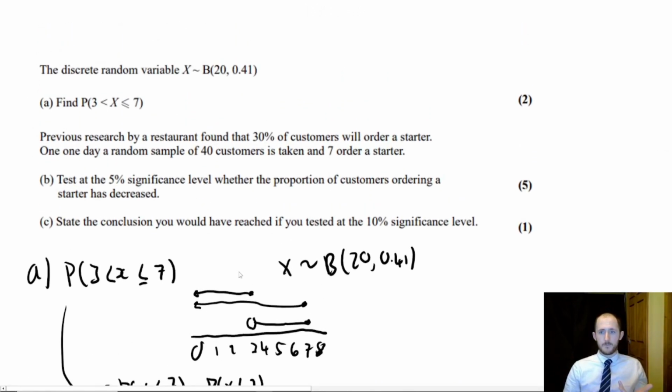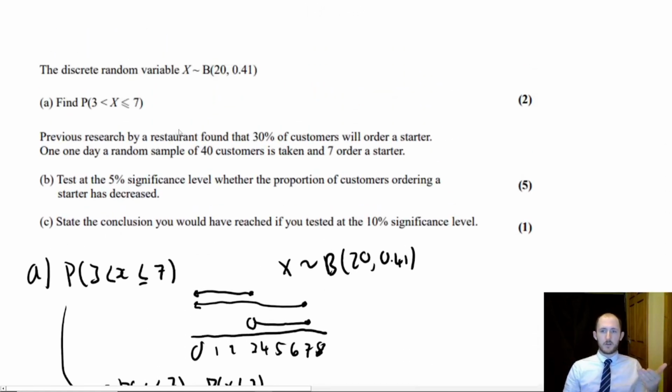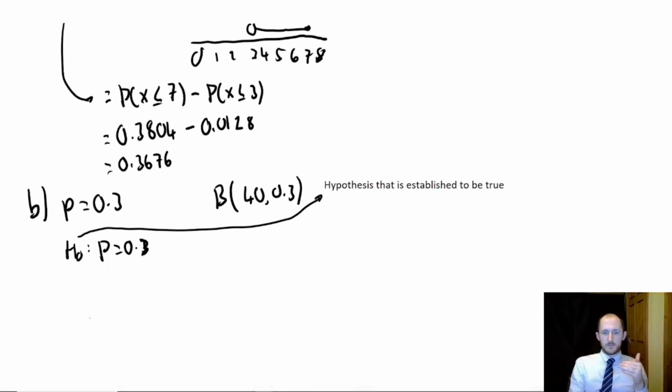Just as a reminder, you first define your null hypothesis. This is what the probability is established to be true. They've already said that it's 30%. That's known, it's established. So that's your null hypothesis. You next need to choose your alternate hypothesis.